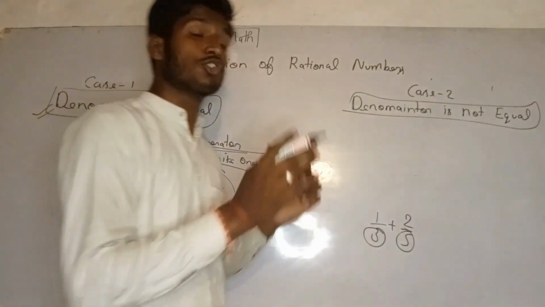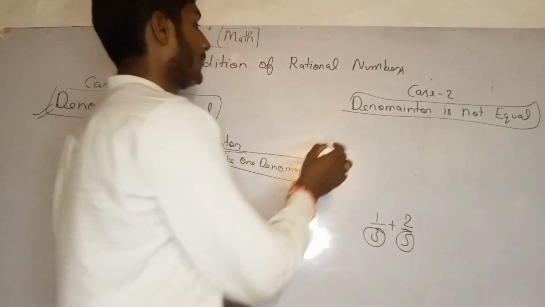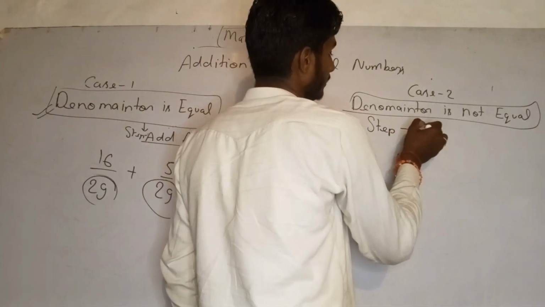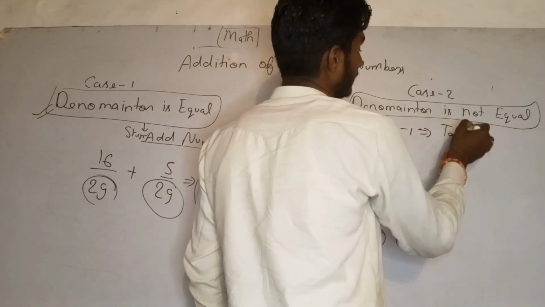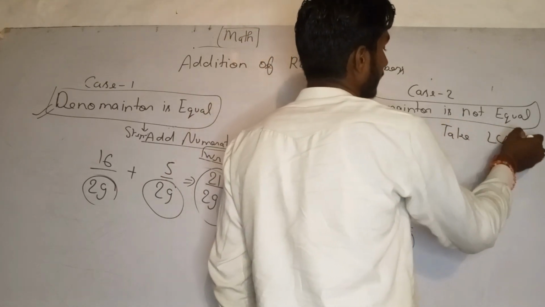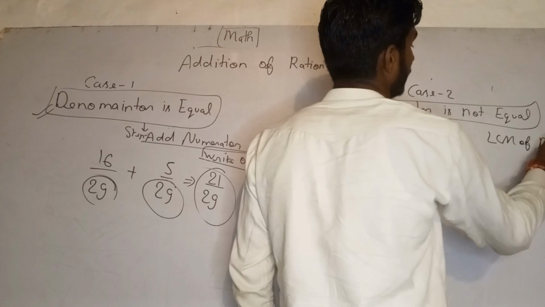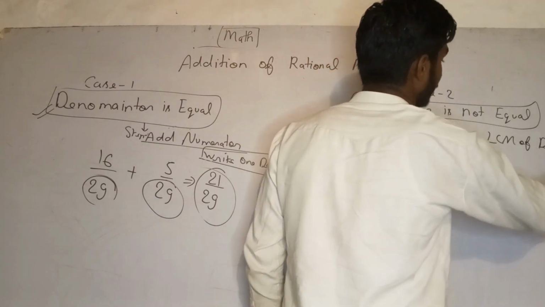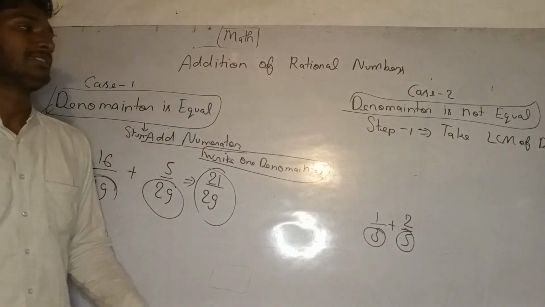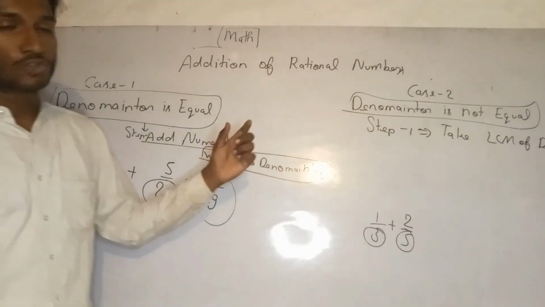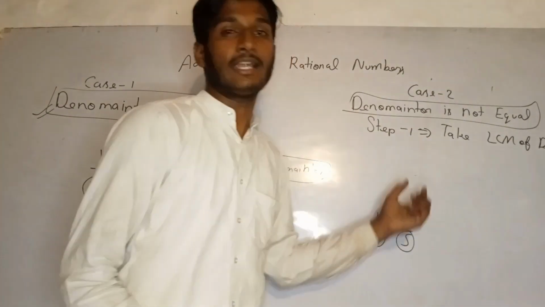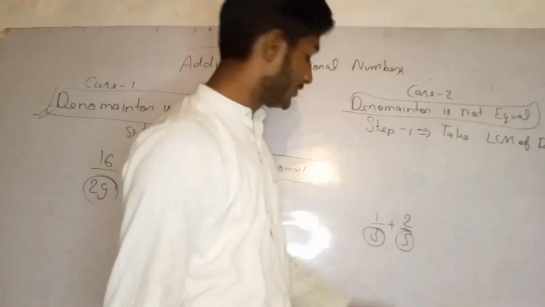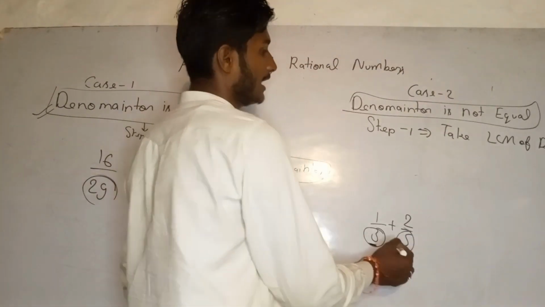If the denominator is not equal, then the first step is to take the LCM of the denominators. The denominators are 3 and 5.